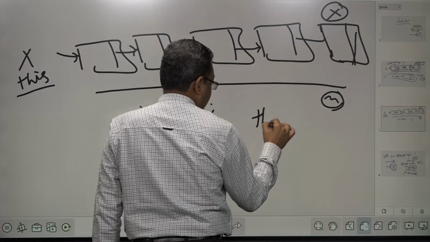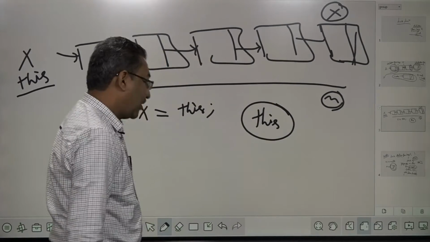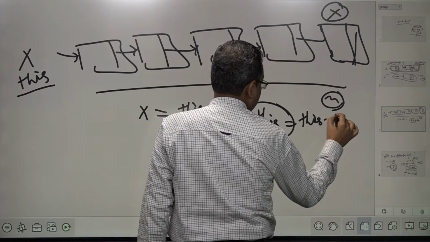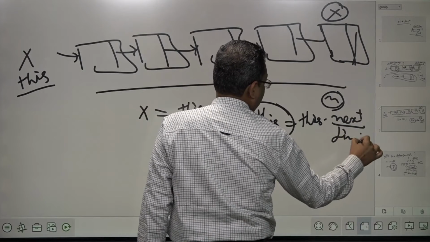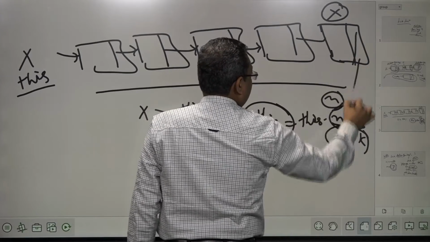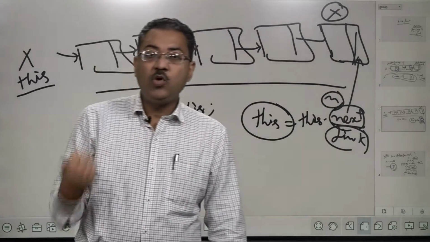Inside the function we cannot modify this. I cannot write this equal to this dot next or this dot link. Again, these are the two words that I am using for the second part of the node.